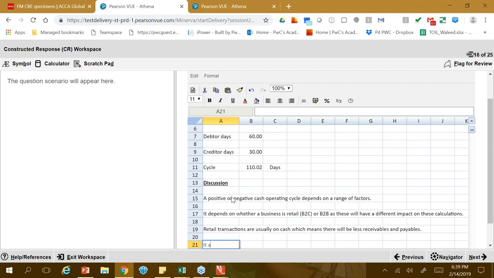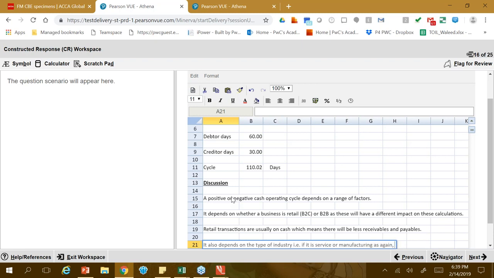It also depends on the type of industry, i.e., if it is service or manufacturing.